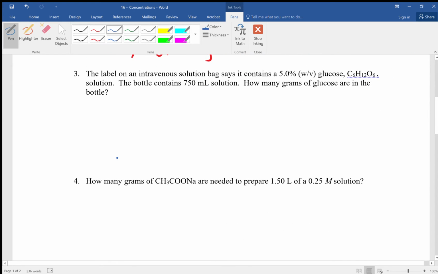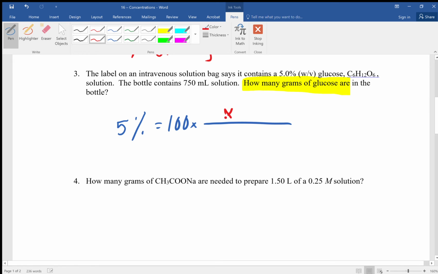All right, in question 3, previously we were dealing with molarity and molality. Here's an example of percent. So we know that our percentage is equal to 100 times the amount of the solute, which is the glucose, but that we don't know. That's what we're asking for in the question.